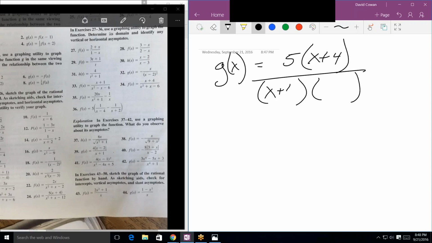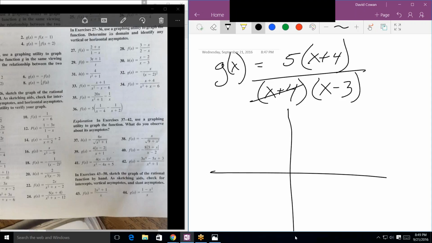And usually one of these is always going to be the same as one of the factors in the numerator. Okay? So what now? Cross out x plus 4. The top one. What now? Vertical asymptote at 3.